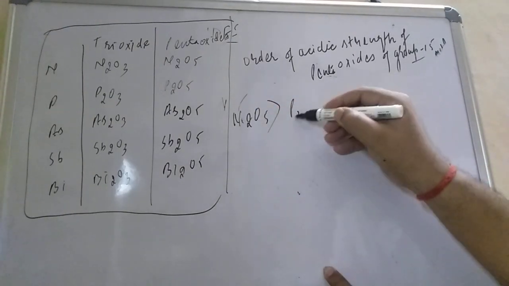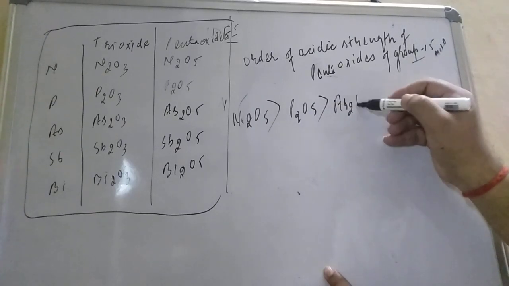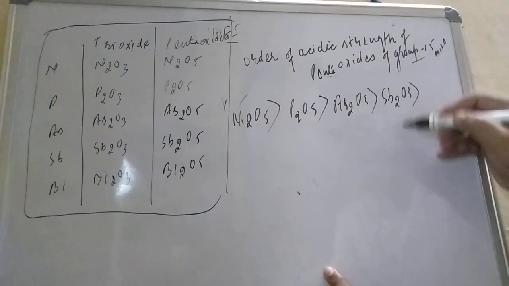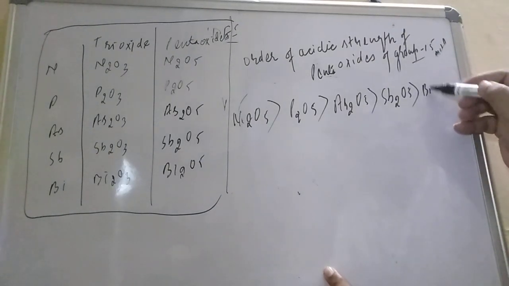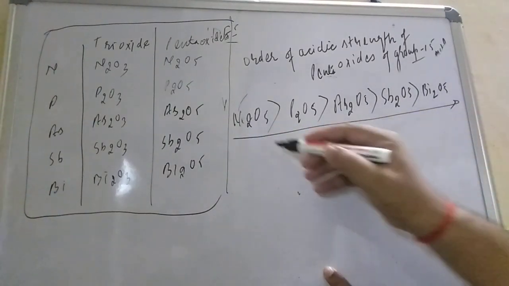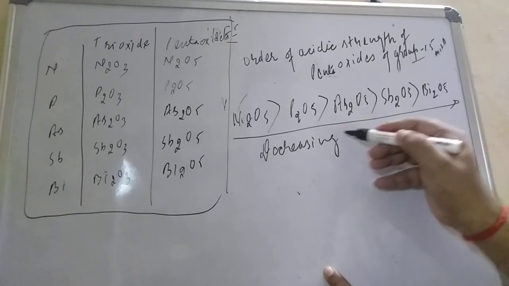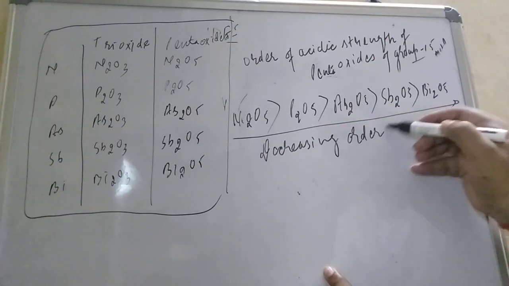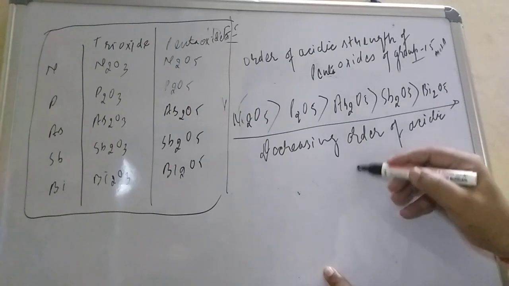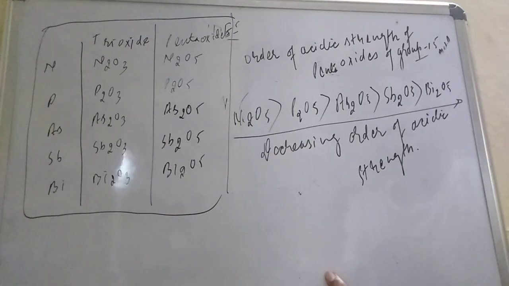N2O5 is stronger than P2O5, which is stronger than As2O5, which is stronger than Sb2O5, which is stronger than Bi2O5. This is the decreasing order of acidic strength.